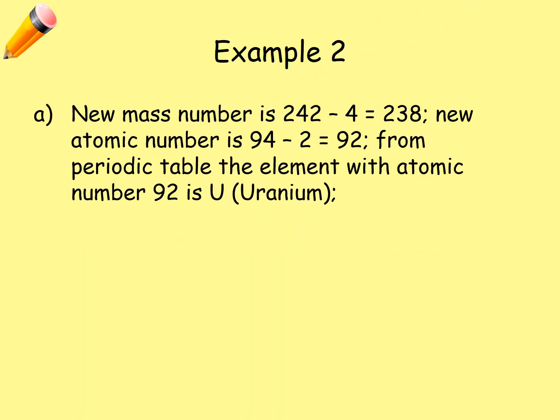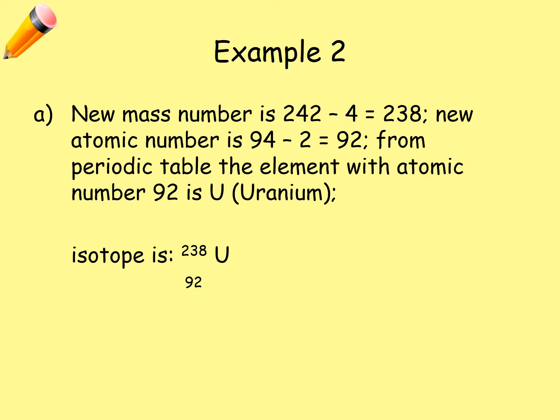So our new mass number becomes 242 take away 4. The atomic number becomes 94 take away 2, which is 92. And from the periodic table of elements, we can find that this element is uranium.